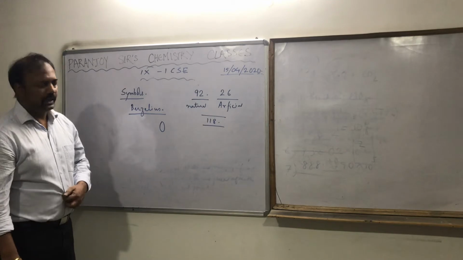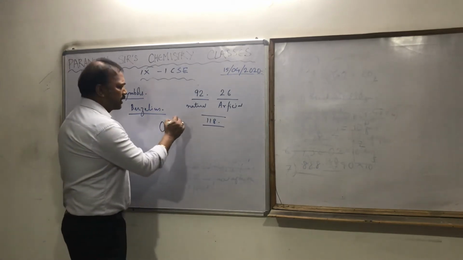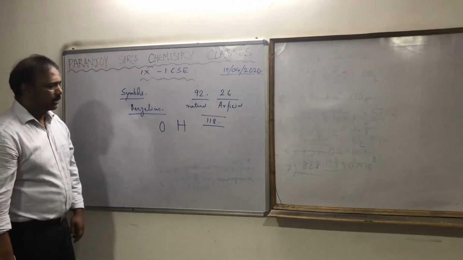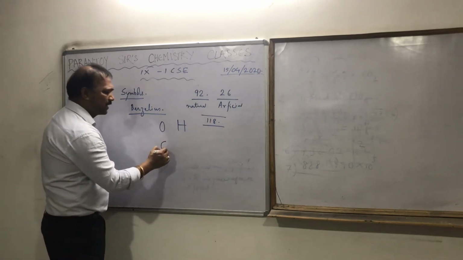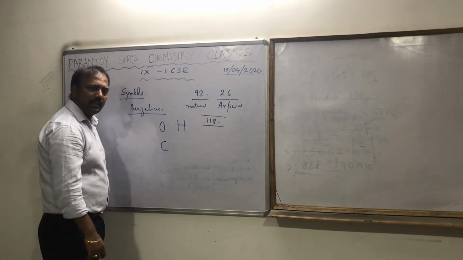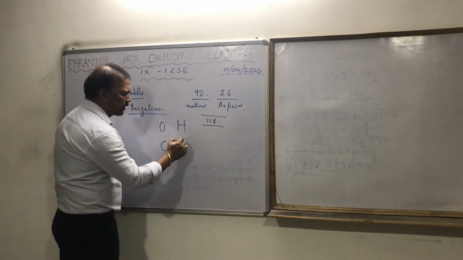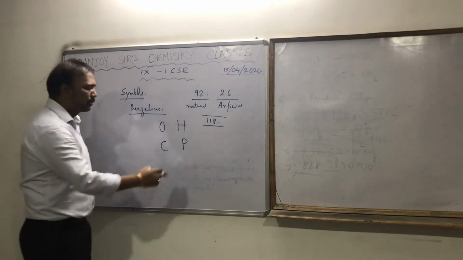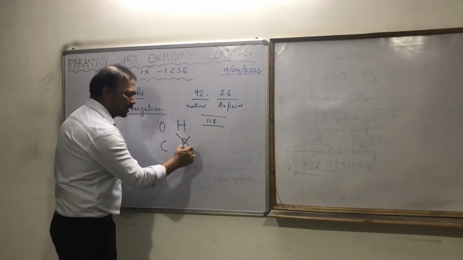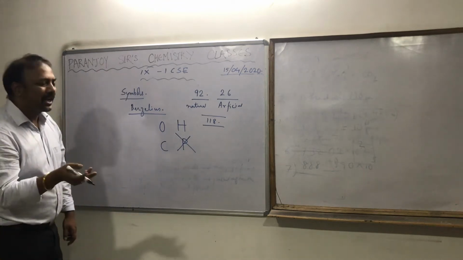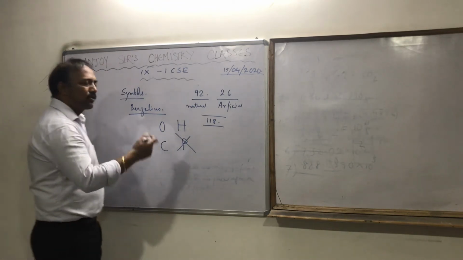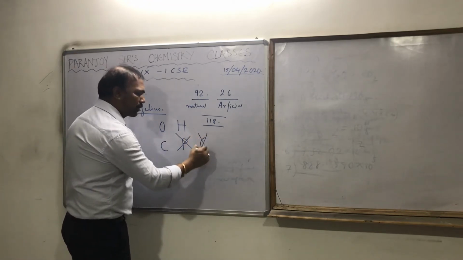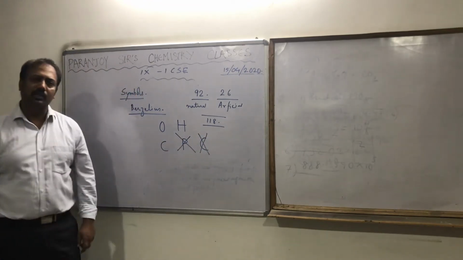Hydrogen is represented by H. Carbon is represented by C. Potassium is represented by P? No, potassium is not represented by P. So where is the problem? Suppose copper. How can I represent copper? C? No, because C has already been given to carbon.